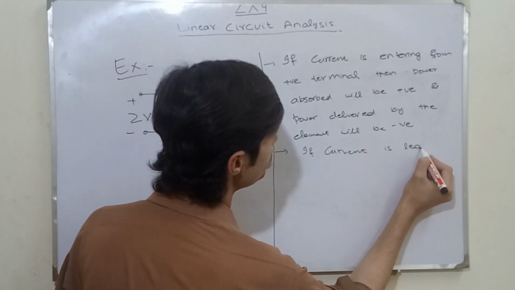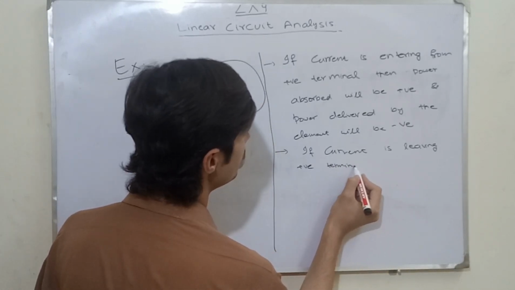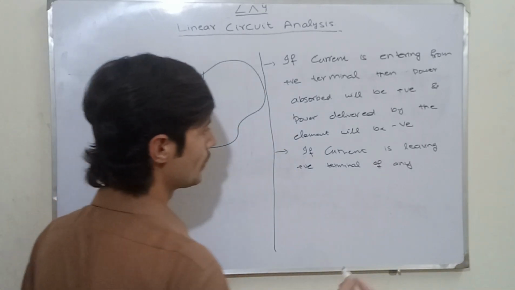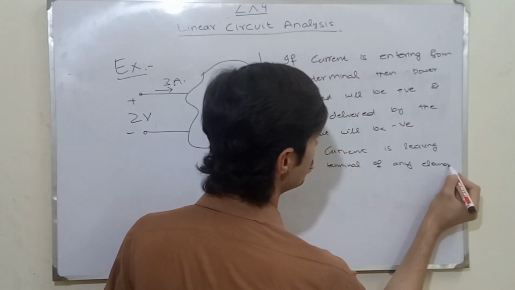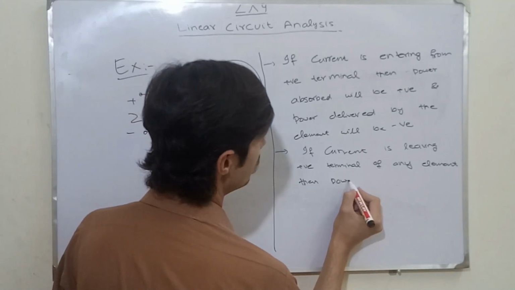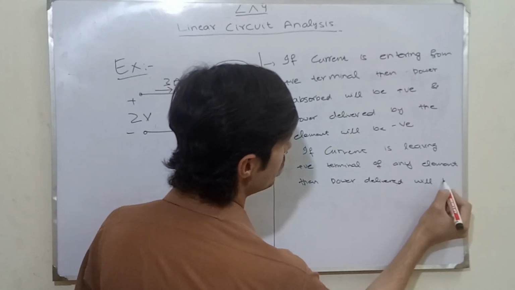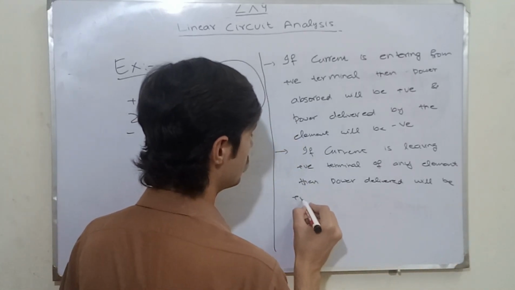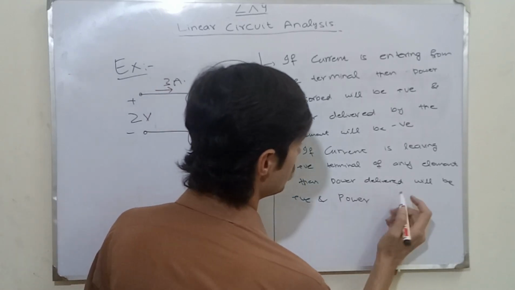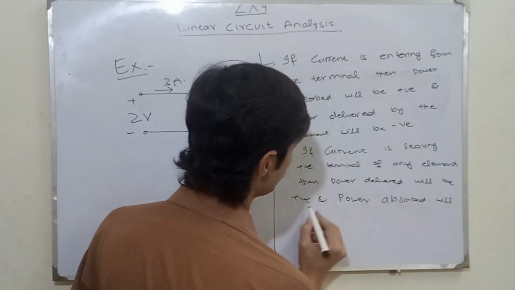If current is leaving the positive terminal of any element, then power delivered will be positive and power absorbed will be negative.